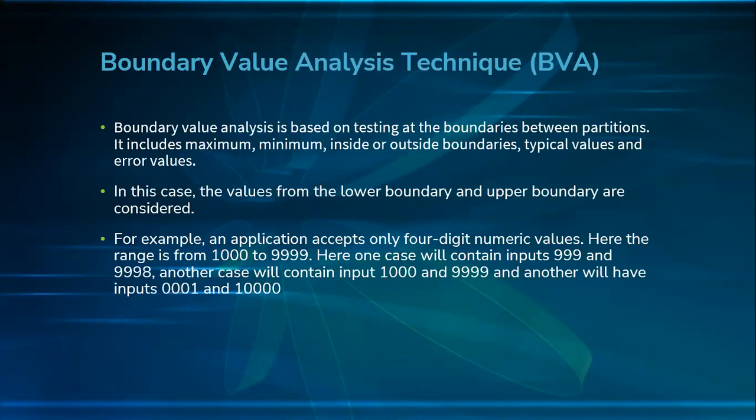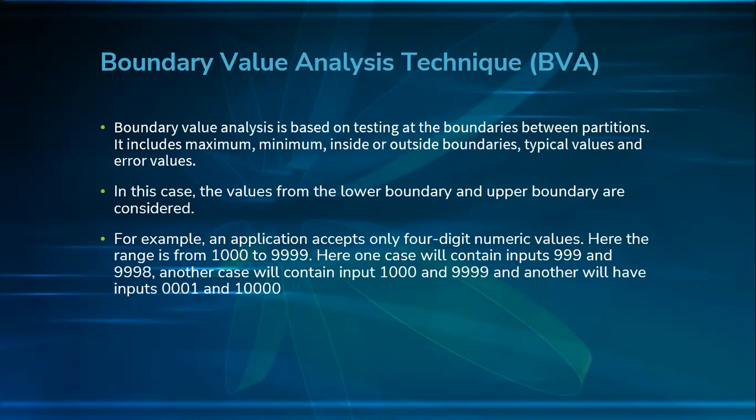So we can start our input from 999 to 9998. Another case will be from 1000 to 9999. Another case will be from 0001 to 10,000. Because we're trying to test a subset both outside and within.